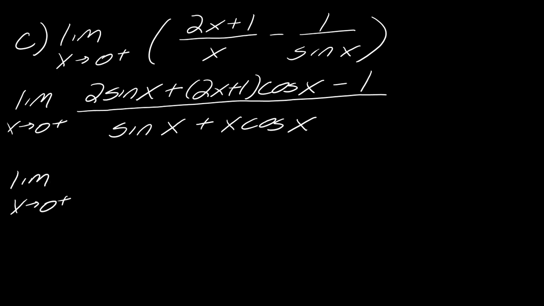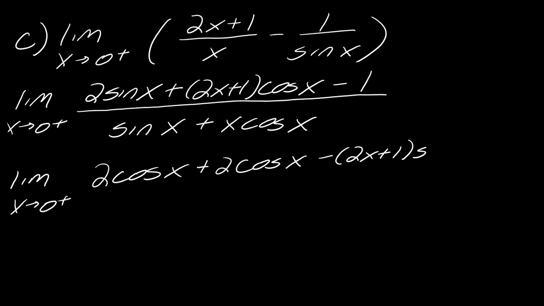Okay, so now taking the derivative of the top, this is going to become 2 cosine x. Now I got to take the product rule here, so this will be plus 2 cosine x minus 2x plus 1 sine x, and then the derivative of this 1 is just going to drop out, so there's the derivative of the top.